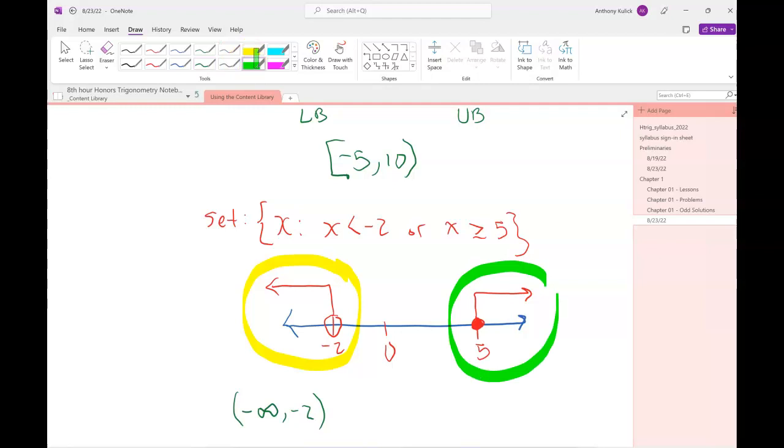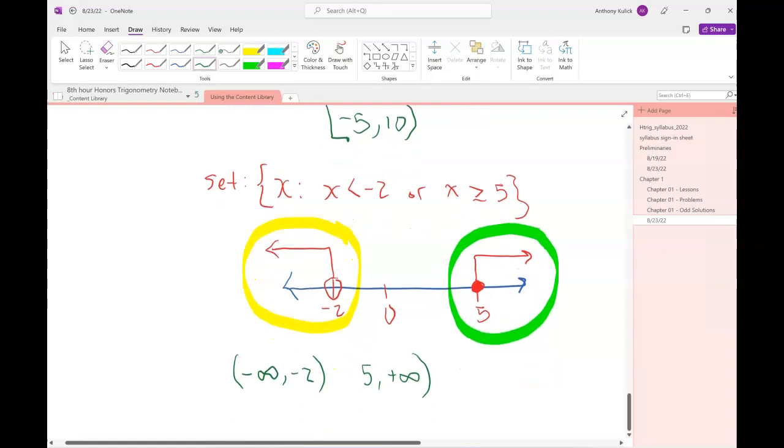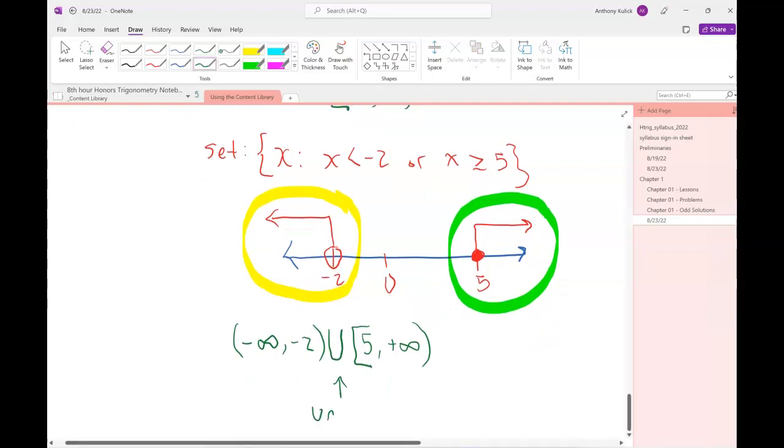And then if I look at the other section, the lower bound is 5 and the upper bound is +infinity. Infinities always get a parenthesis. The 5 should get a bracket. And the symbol I put in between these is the U. That stands for union. That's an operation that exists between sets.